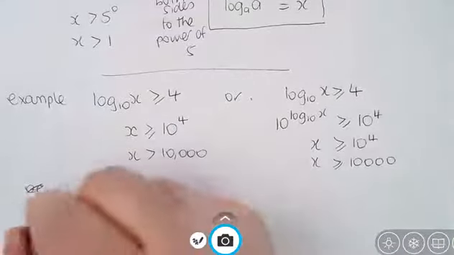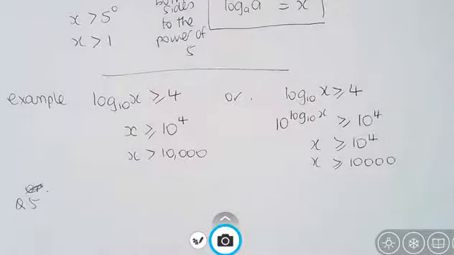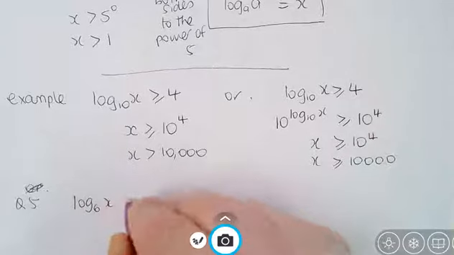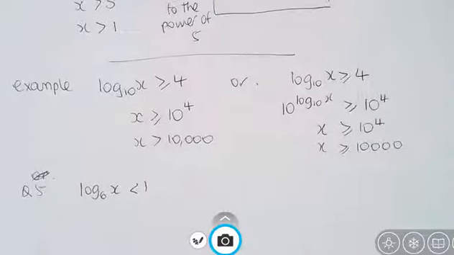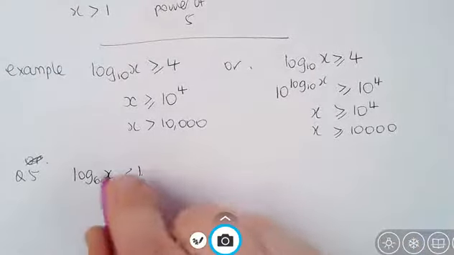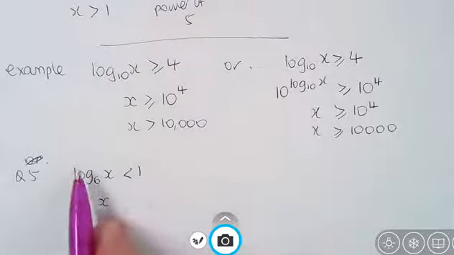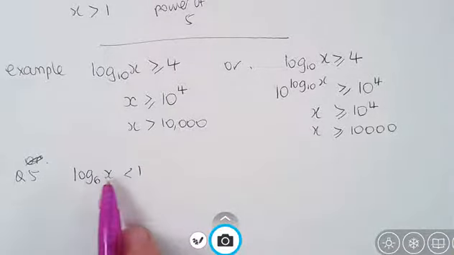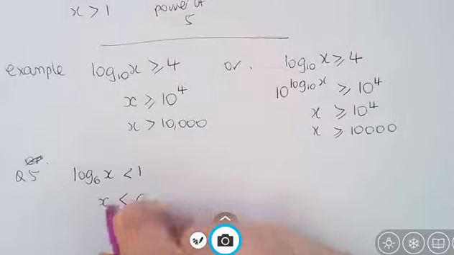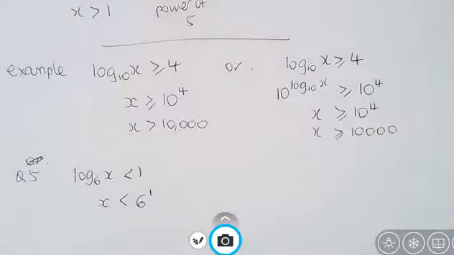Now for another question from question 5, solving for x again. We can do it just by writing what x is. Remember, log to the base 6 of x is less than 1. So x will be less than, 6 is the base, 6 to the power of 1, so x is less than 6.